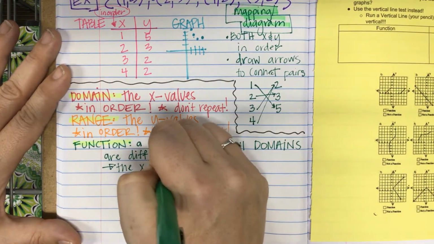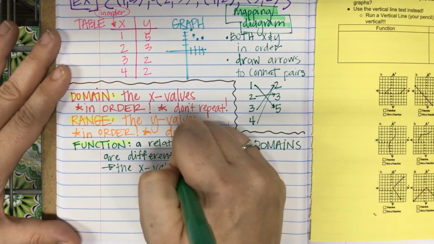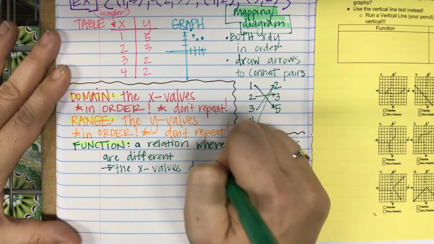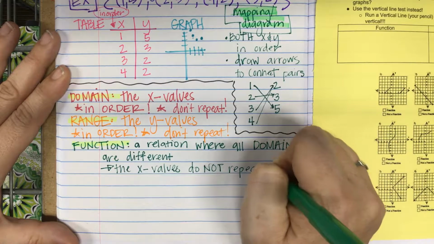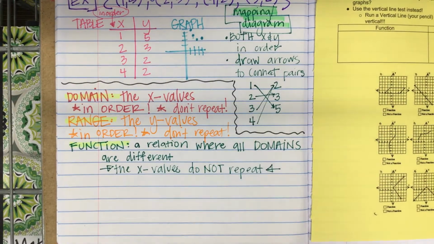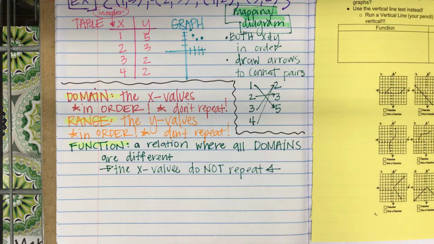The x values do not repeat. There's a more mathematical definition, like if you Googled definition of a function, it would not say a relation where all domains are different. It would say probably something like, for each domain, there is one unique range or something like that.